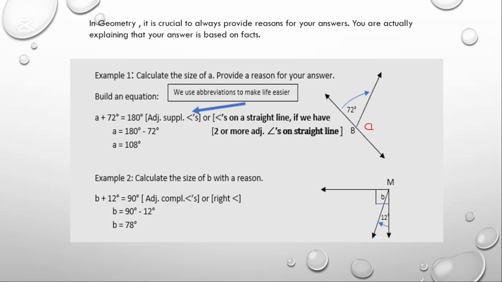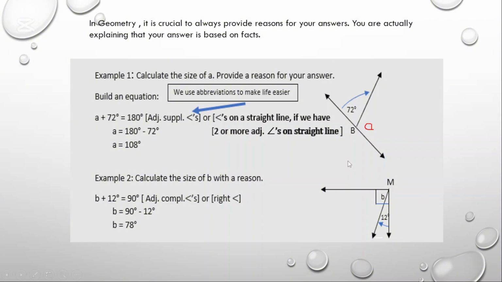Now we get to example number 2. Calculate the size of B with a reason. So what do we know about this angle here? There we see the little box. So we know immediately that this angle is a 90-degree angle.